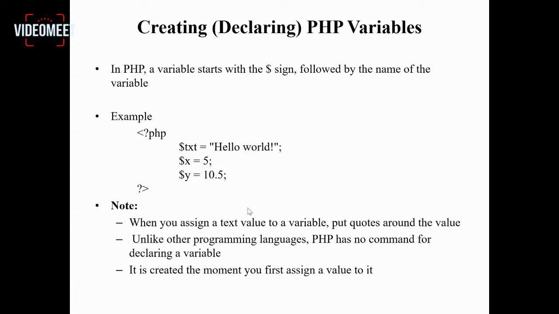When we declare a variable, we use these keywords, right? Even in JavaScript, we were using the var keyword. Unlike those languages, we don't have any command for declaring a variable directly. We need to precede it with a $ sign. It is created the moment you first assign a value to it. So whenever you write that variable name and assign some value to it, automatically at that moment the variable will be created.